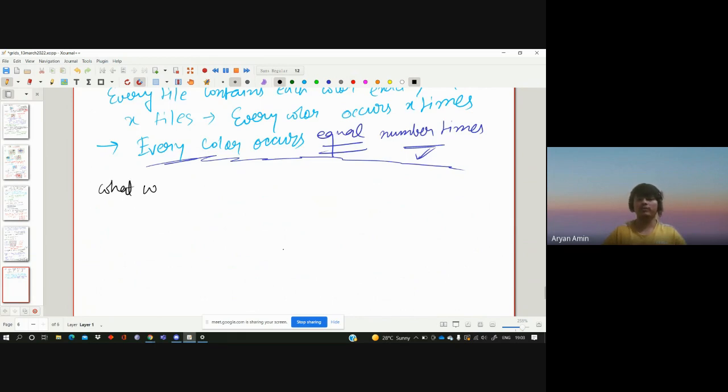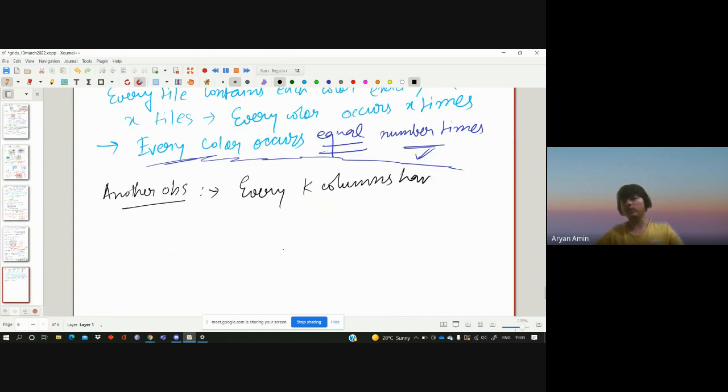Now another observation: every k columns have an equal number of each color. So whenever you take k columns, you have an equal number of each color.